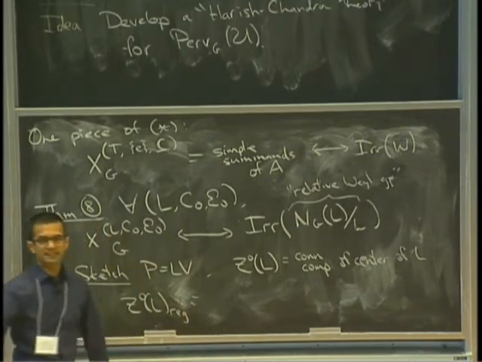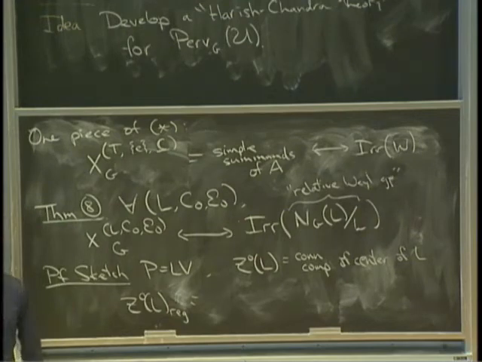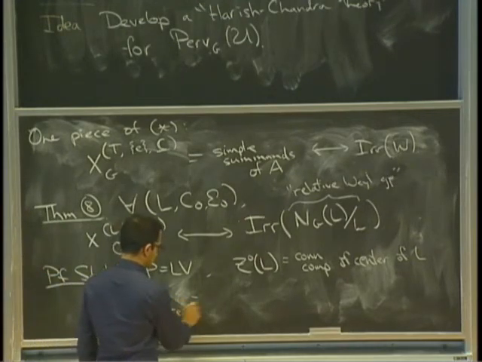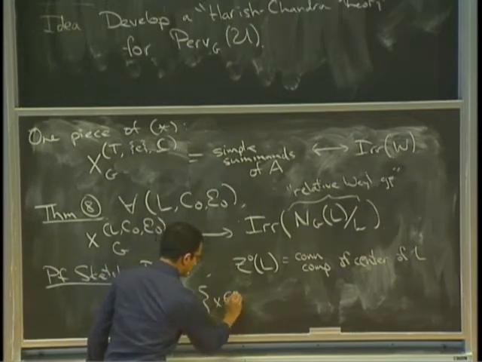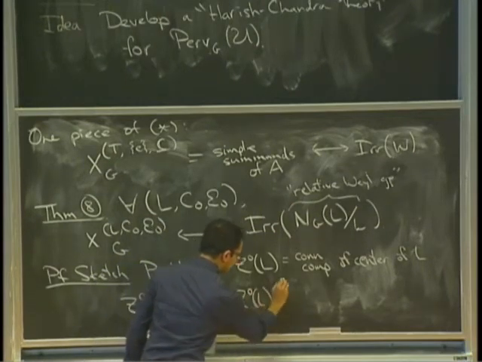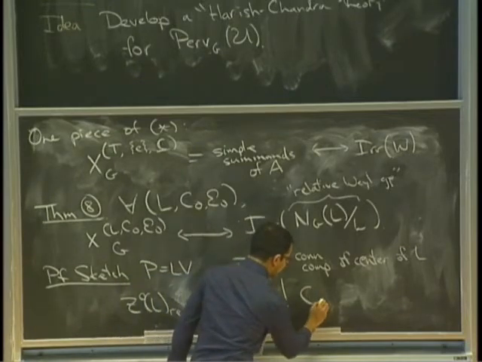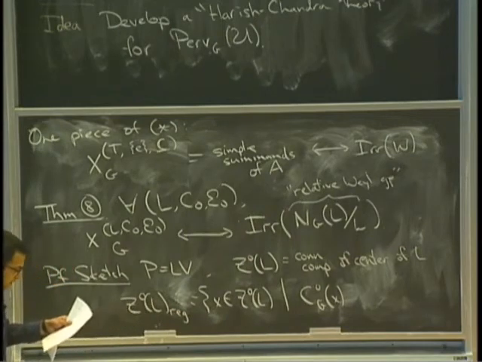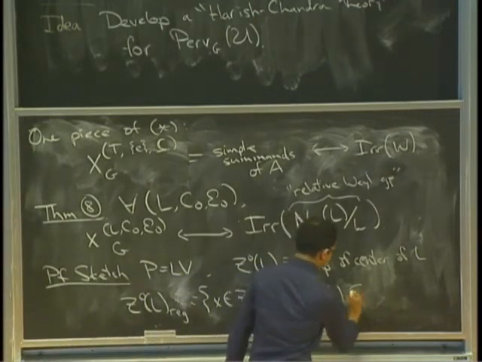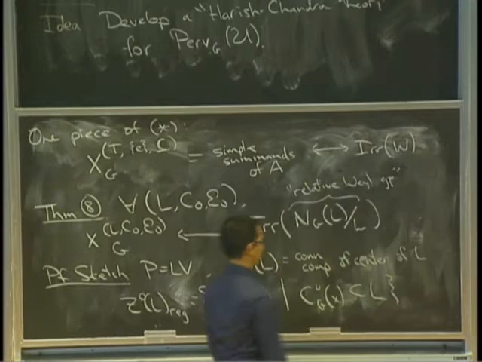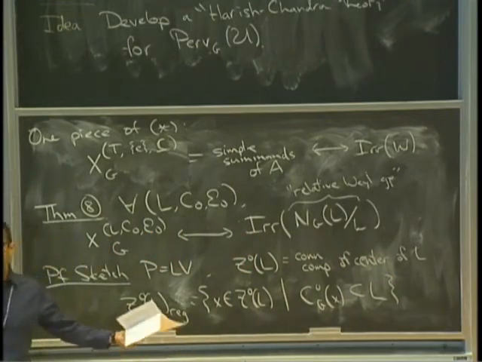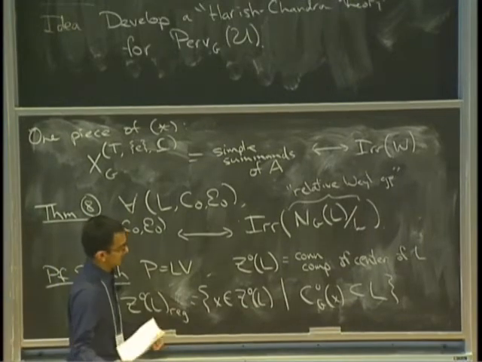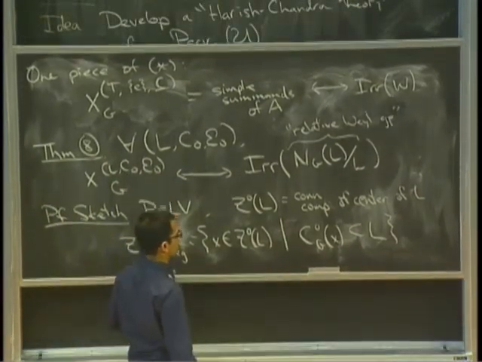What you should think of is, in the case where the Levi is a torus, this is going to be the set of regular semi-simple elements in the torus. But for a general Levi, I want to take elements in the center of the Levi such that the centralizer in G of that, or at least the connected component of the centralizer in G of that, is contained in the Levi. So somehow having too big a centralizer is a closed property, and we want to get rid of those.